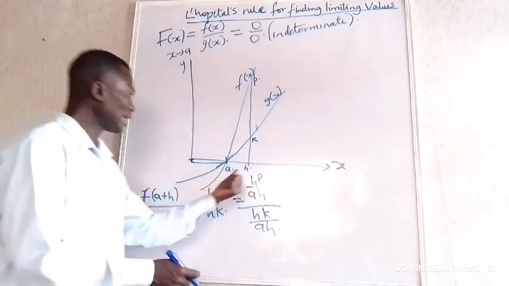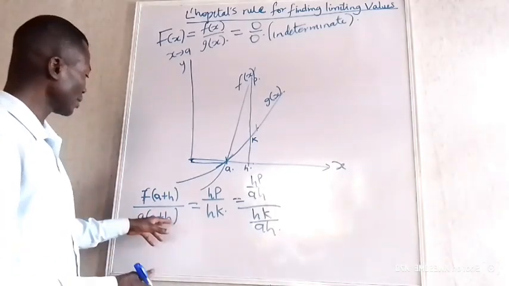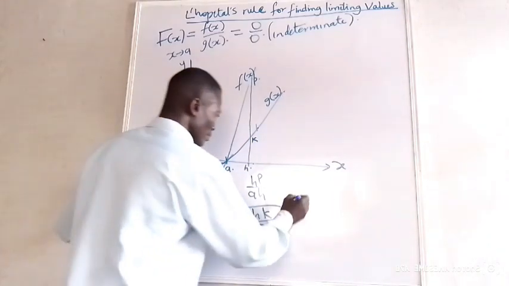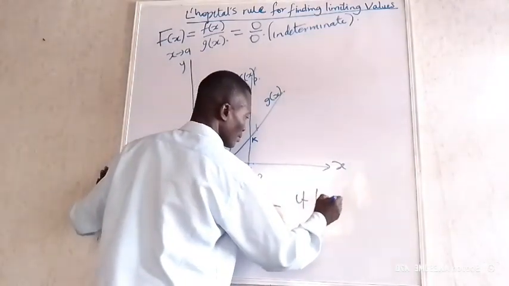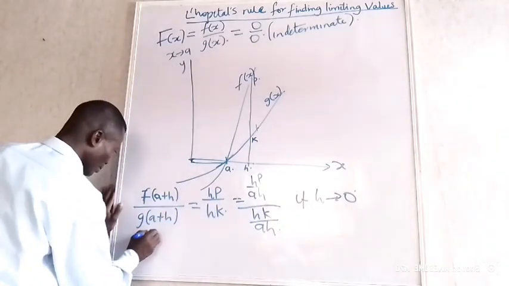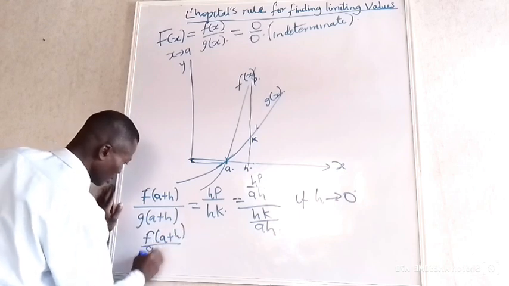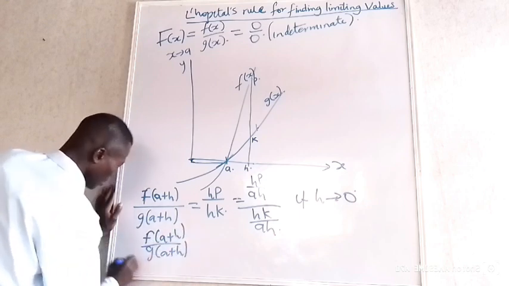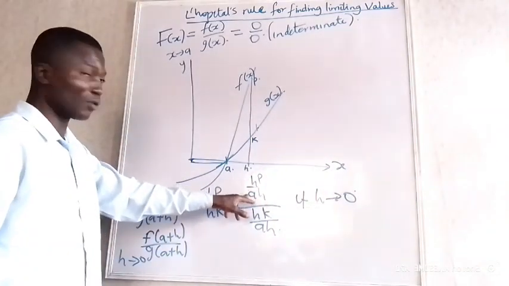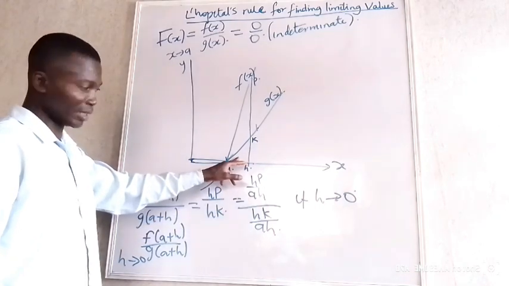And if h tends to 0, that is, this h now tends to 0, that is f(a plus h), g(a plus h), when h tends to 0, is going to give this hp over ah, that is tan, it will be tangent of this place. You understand?